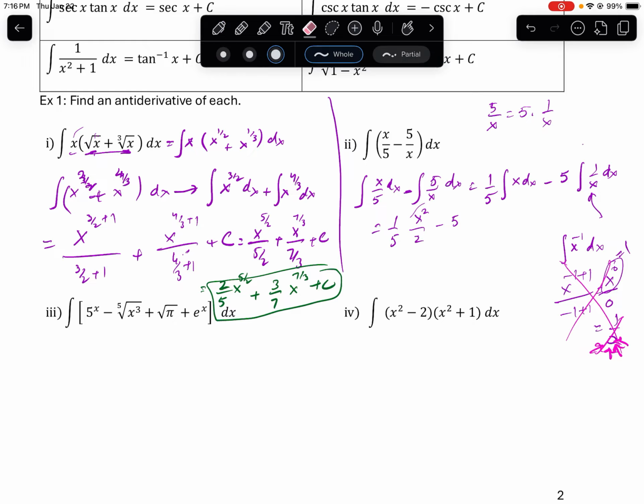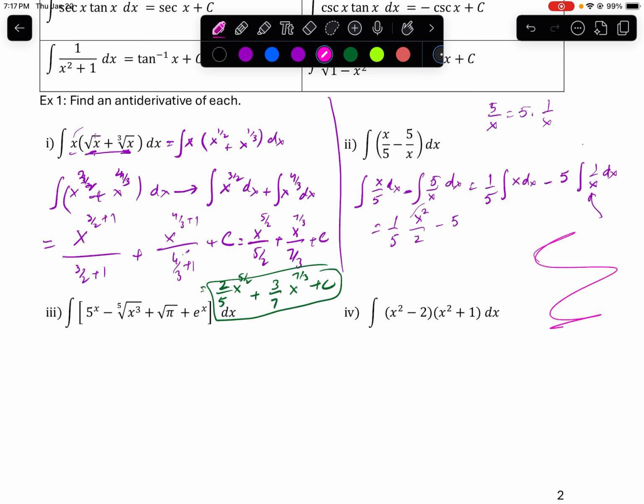How do you do it actually? If you recall again, you have to remember the derivatives. 1 over x is the derivative of what function? The log function. So our answer will be 5 ln of absolute value of x. Look at the table.